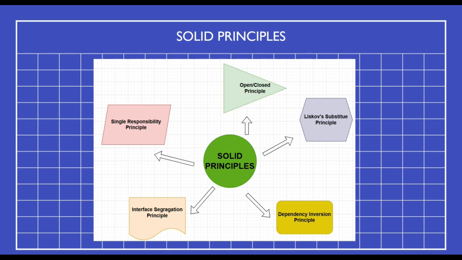If you see here, I've given a picture with each letter. It indicates what exactly that principle is about. The first principle is single responsibility. The second one is open closed. The third one is Liskov substitution, the fourth one is interface segregation, and the fifth one is dependency inversion.